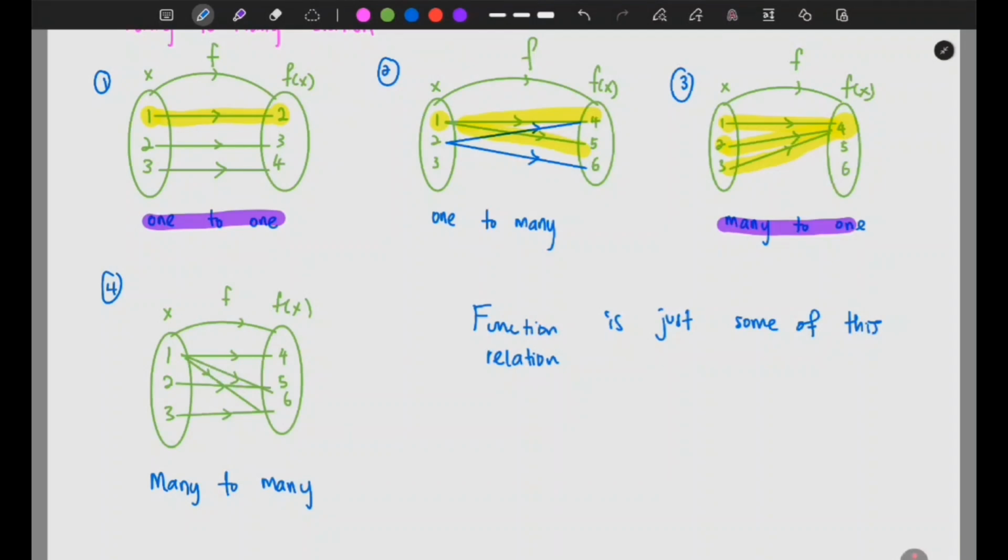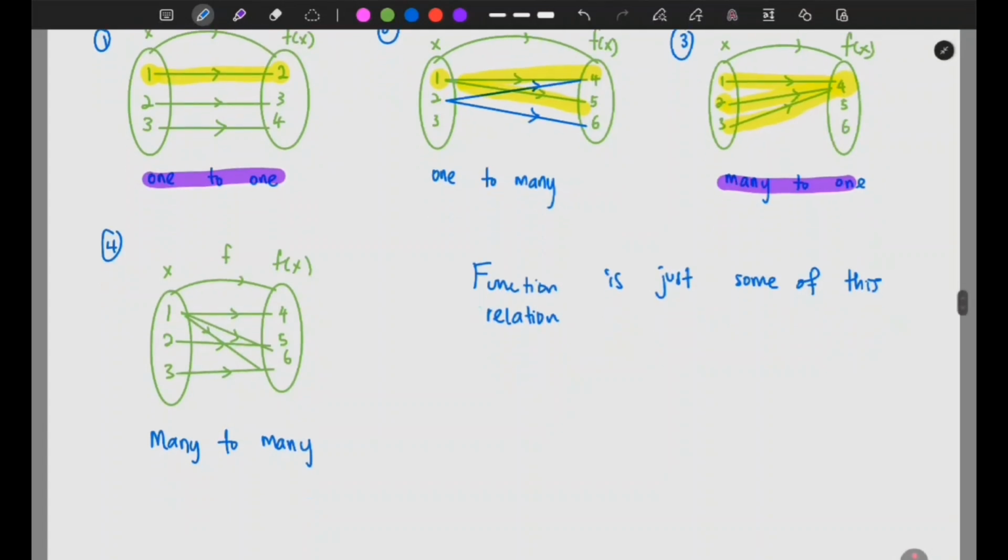So far I think I'm not too fast. So if they ask what is function, when x to fx is either 1 to 1 or many to 1, that's the only function. Many to 1.